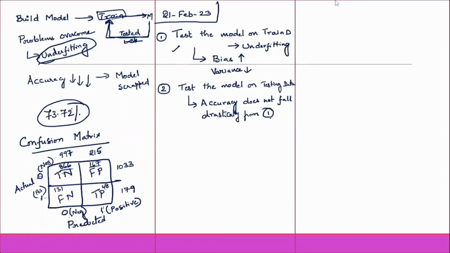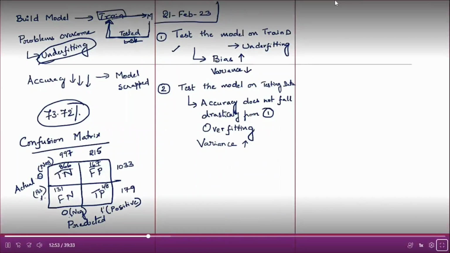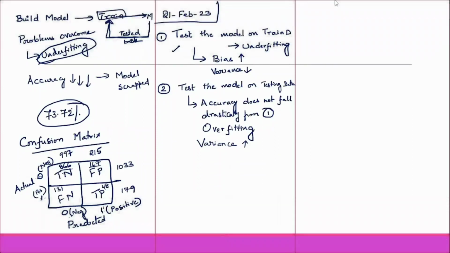If there is a drastic drop in the accuracy, that is what we call a scenario of overfitting. And because of overfitting, it might very well be possible that the variance of our model could be much higher, which means you may not be able to predict much more appropriately.